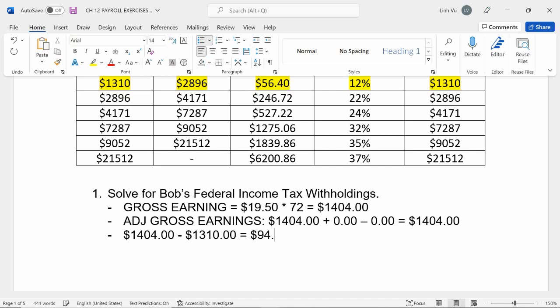Yes. Then we need to multiply it by the 12% because it's in excess. So 12% of $94 is $11.28.